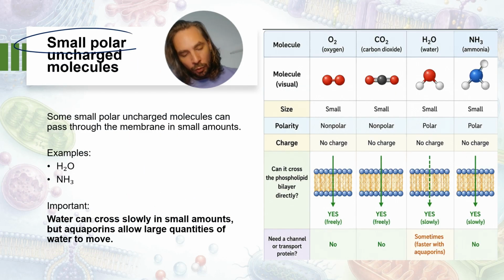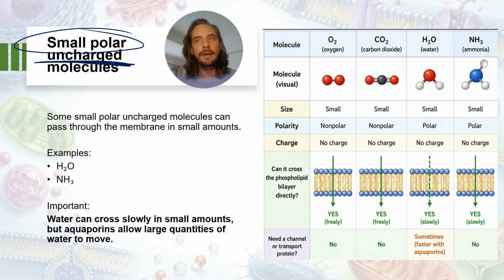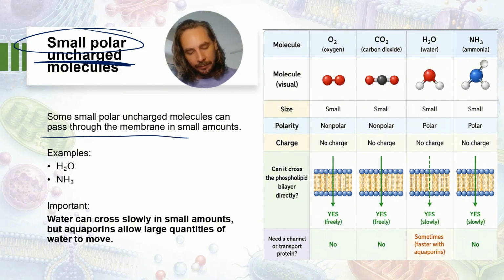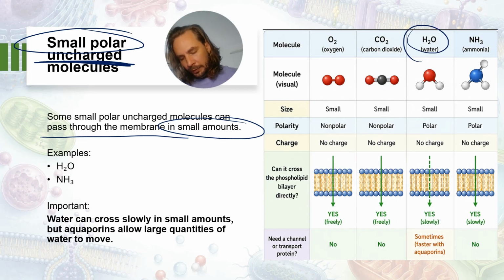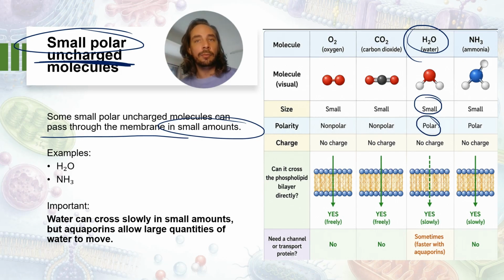If we look at small polar uncharged molecules, these molecules can pass through the membrane, but in very, very small amounts. For example, water is a small polar molecule, but it has no charge. It can cross the membrane, but very, very slowly.